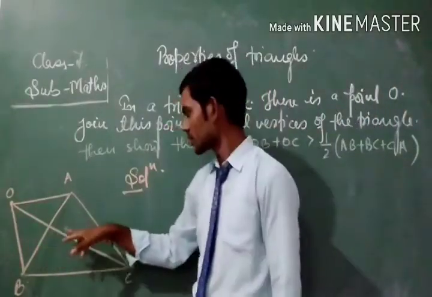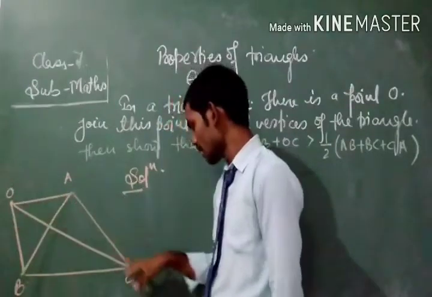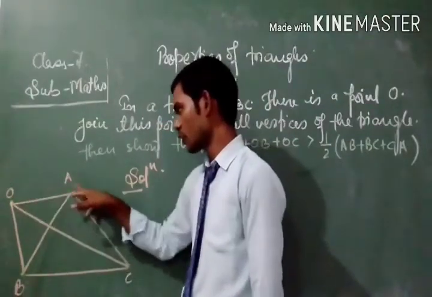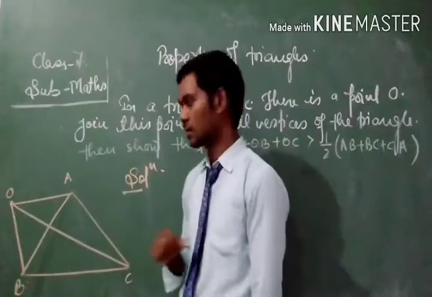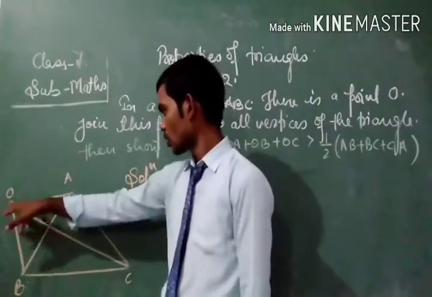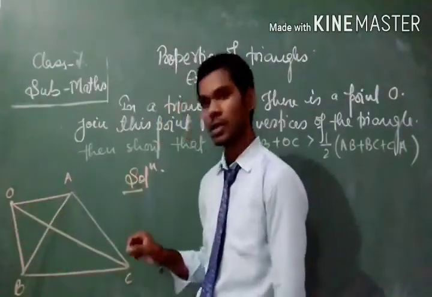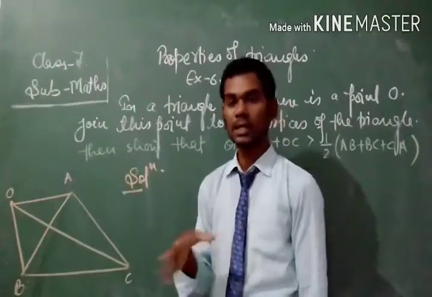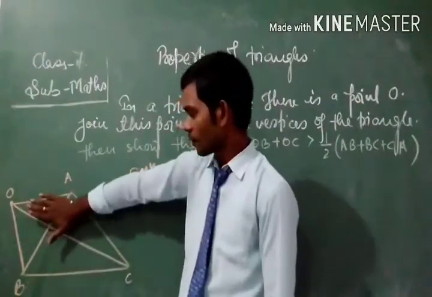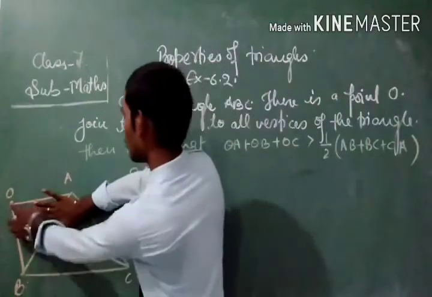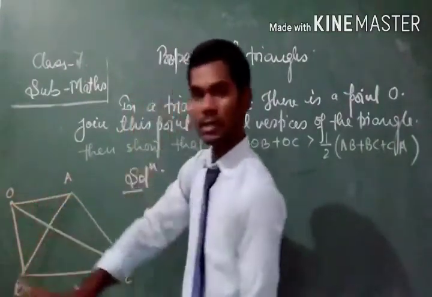The first triangle is OAC. The second triangle is OBC. If you hide this, then you will see OBC is the second triangle.